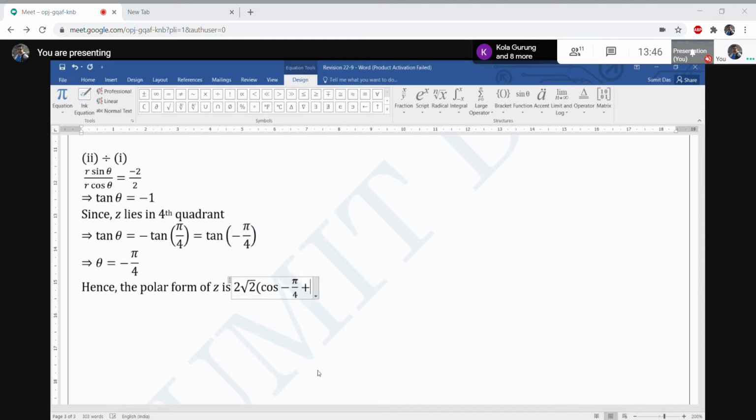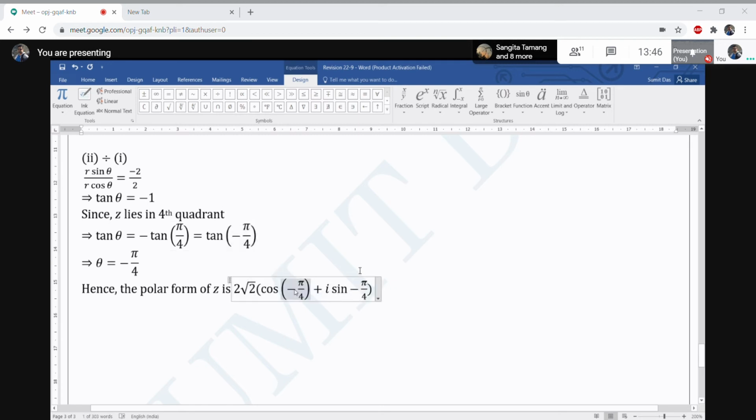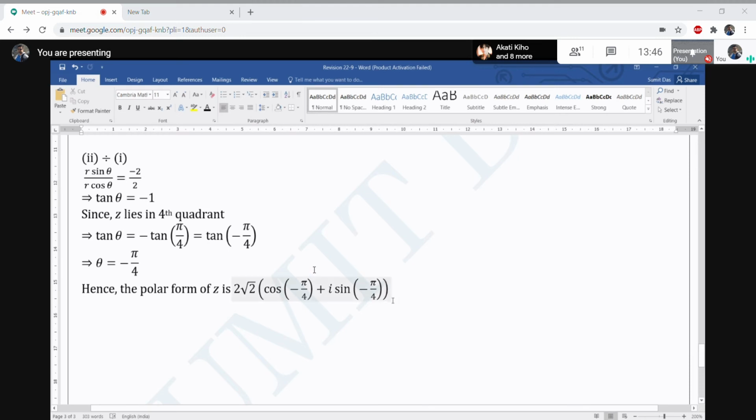That is our polar form. We have to always finish like this.